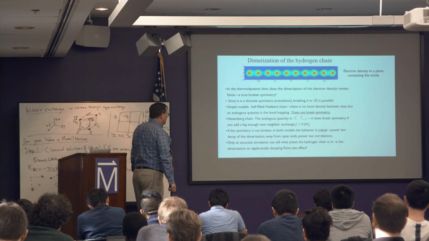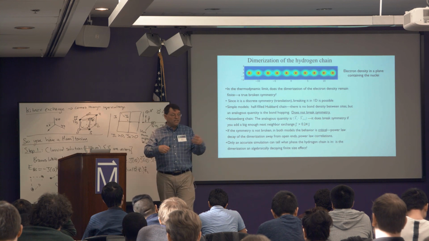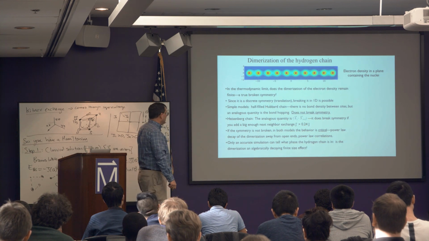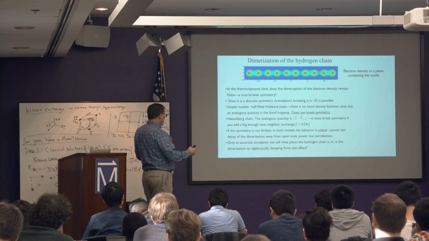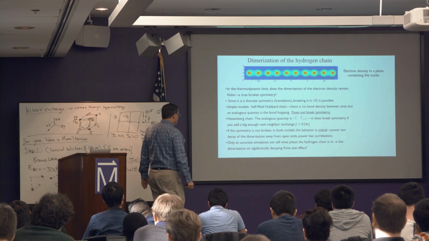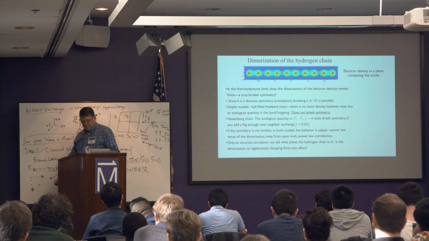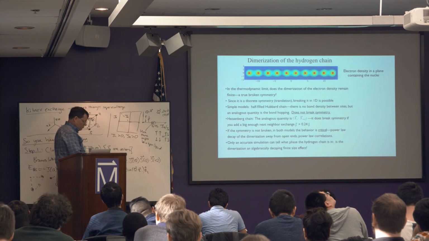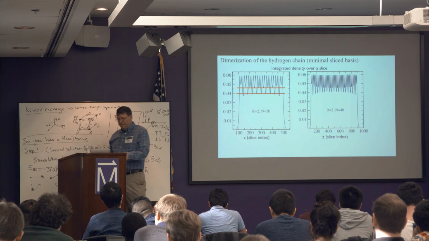In this system, there's no way we can say that it doesn't have these extra couplings if you reduce it to a simple Hamiltonian. So we want to find out what this does. Only an accurate simulation, putting in these details, is able to tell us what we've got here. Okay, so here's some data.